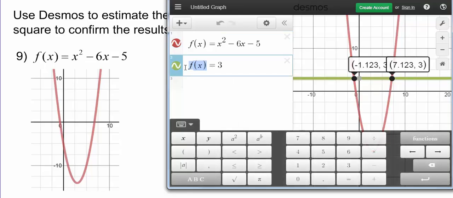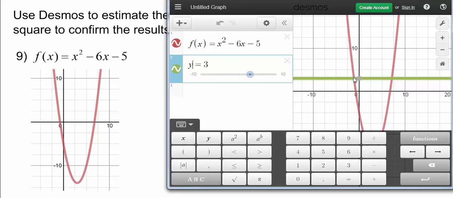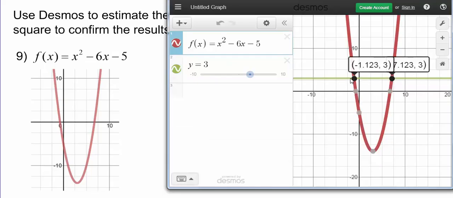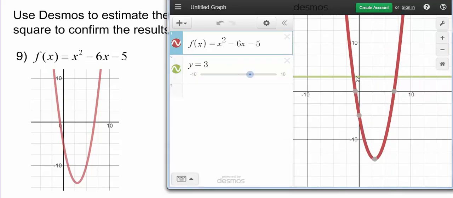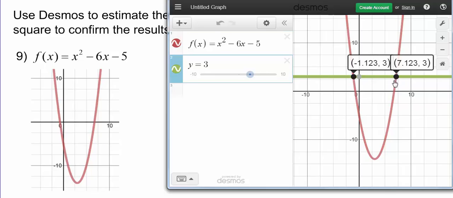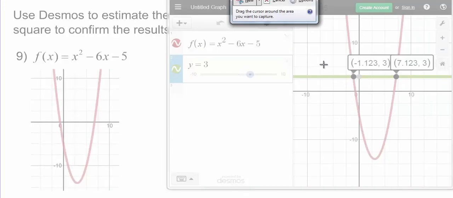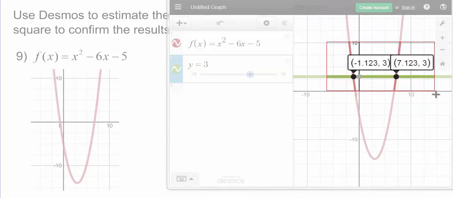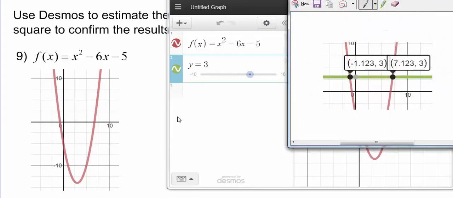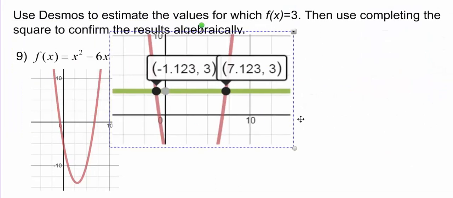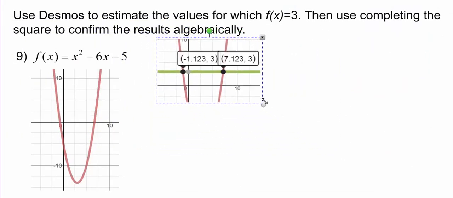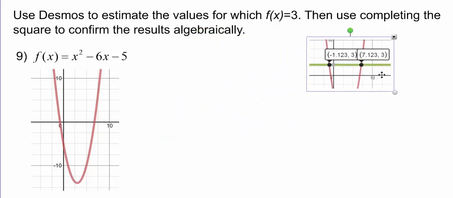If I preferred, I could just put y equals 3, same thing, and for some of you that might make more sense, so that would be fine. And you can see we have two intersections here. I'm going to copy those over to my notes real quick. And there they are. Those are going to be our two solutions.